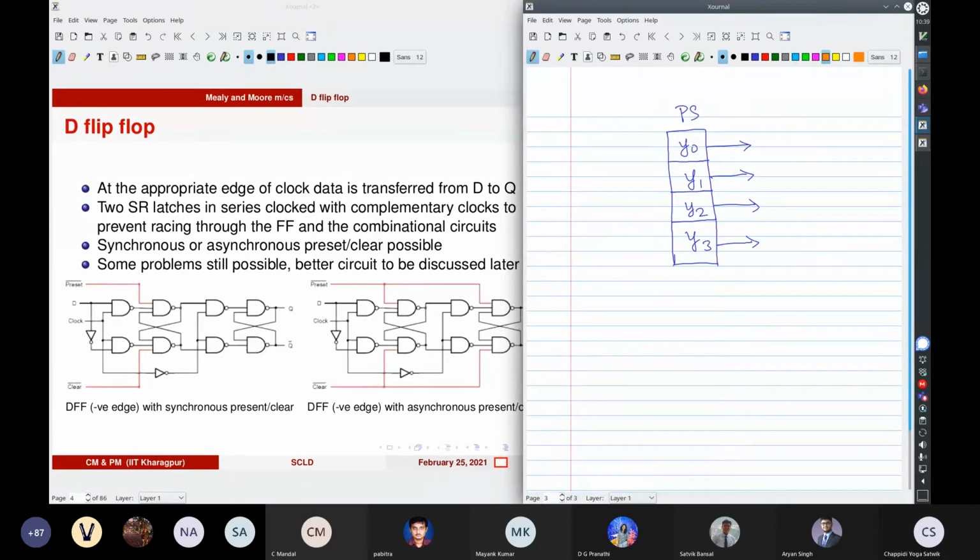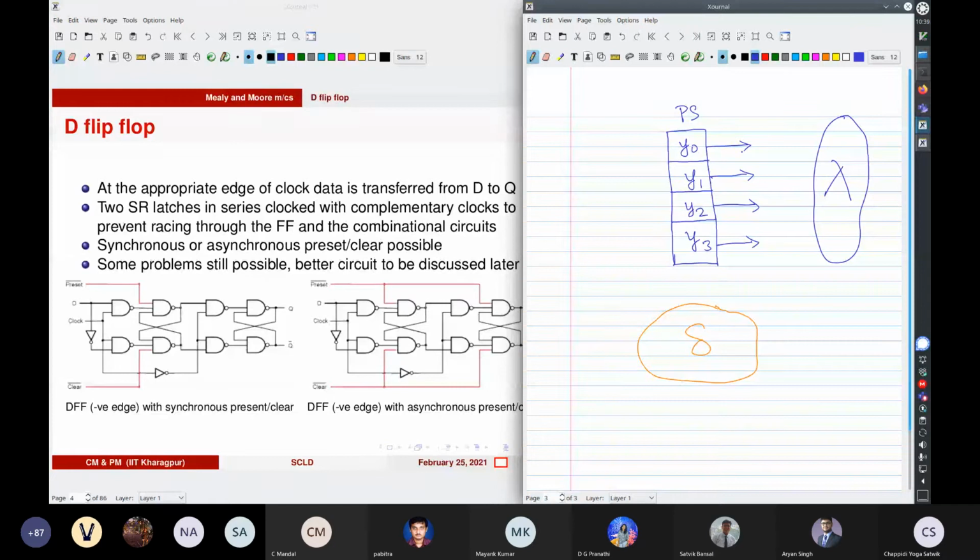So this is your transition function, and this is your output function.